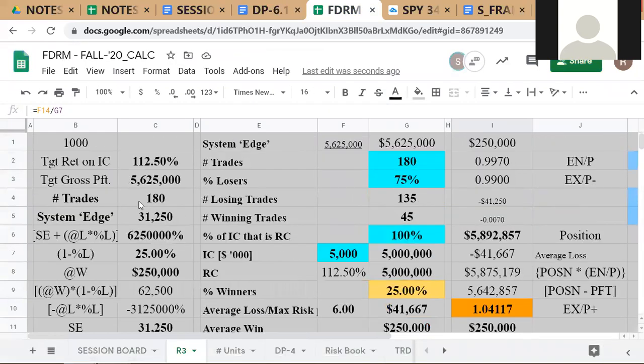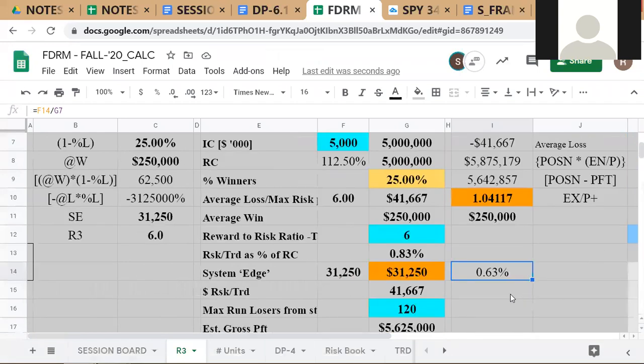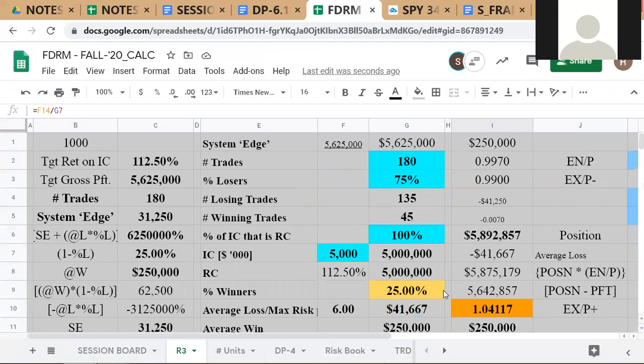Sir, go ahead. Sir, is this 0.63% the winning probability per trade? No, the winning probability per trade is this 25%, because in your distribution of 180 trades, you had 135 losers and 45 winners.